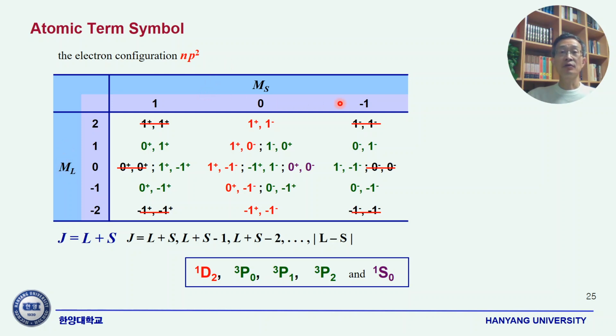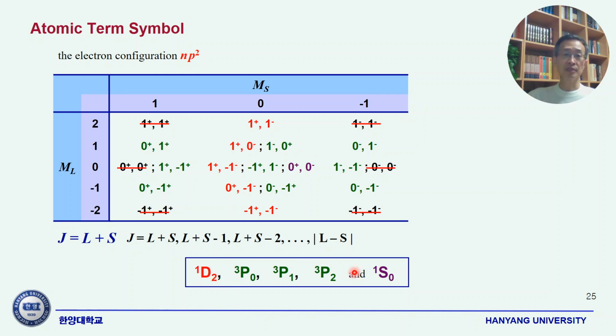And the largest MS value equals what? 1, because it runs from -1 to 1 through 0. So the biggest L value is 2, which is D, L equals 1 is P, and L equals 0 is S. So D, P, S terms here, and for S, the largest value is 1, smallest value is 0.